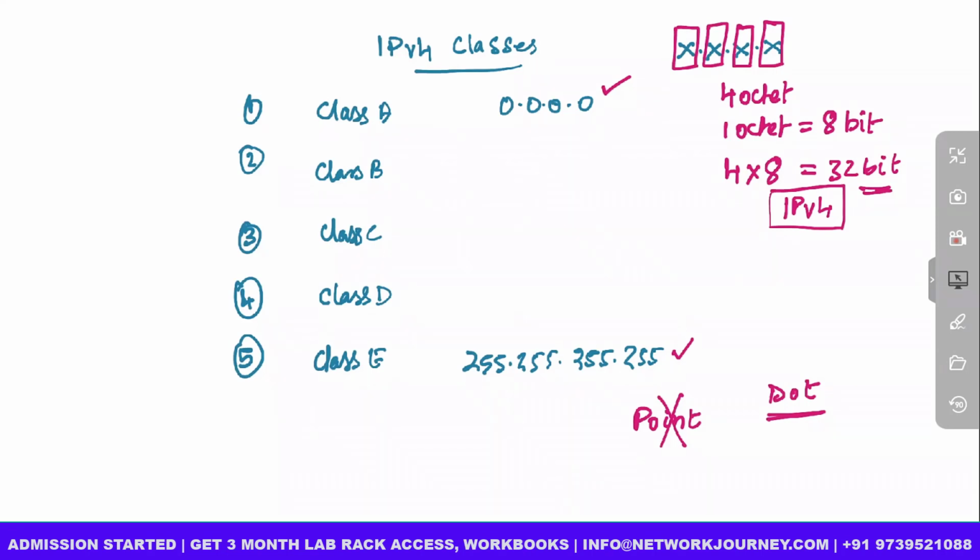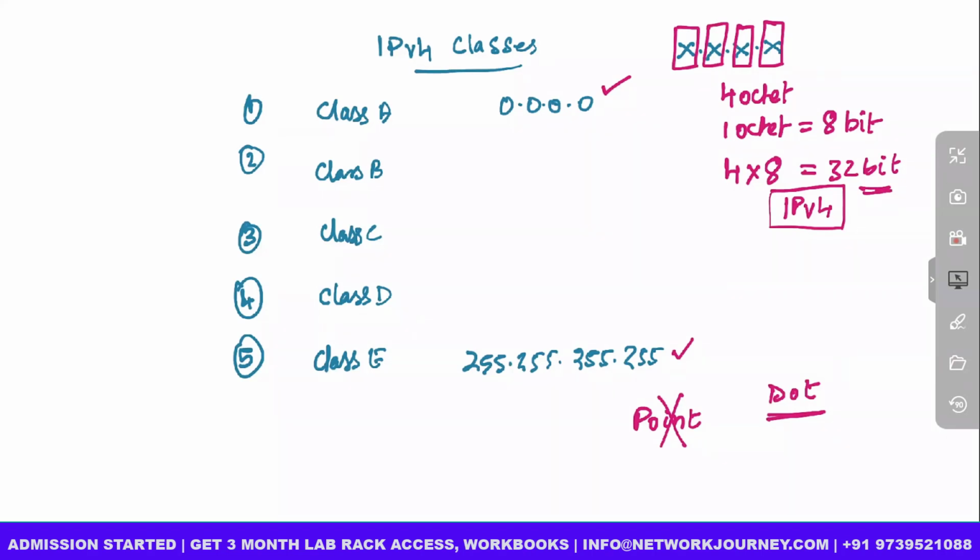Now, regarding the classes, let me tell you the range. Okay, so class A starts with 0.0.0.0.